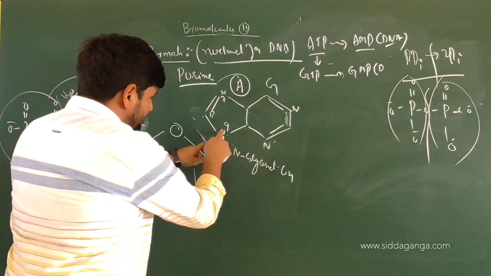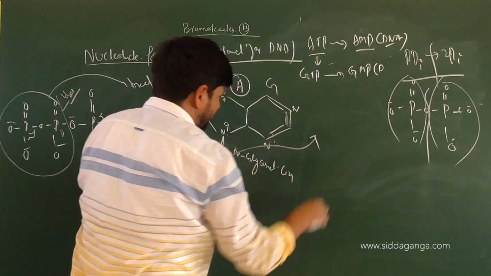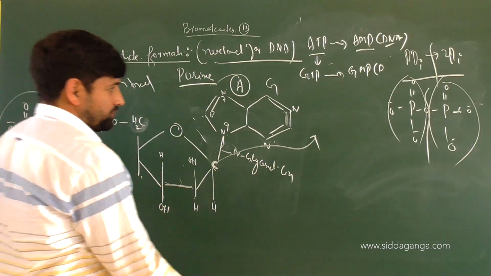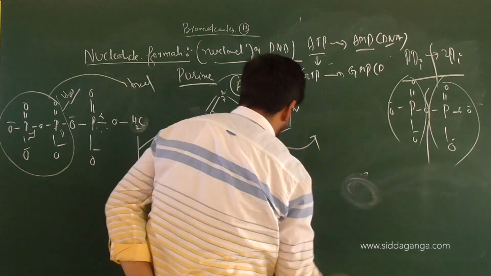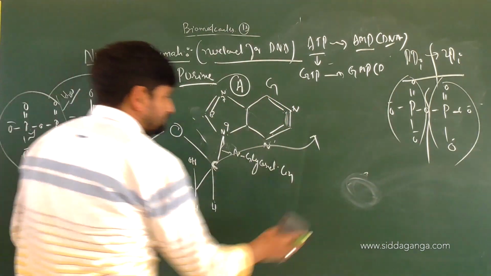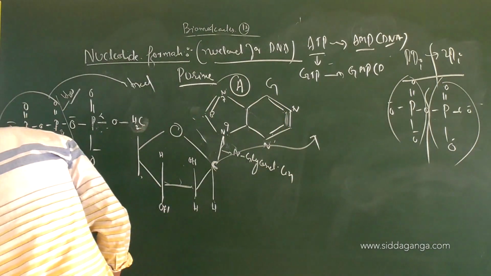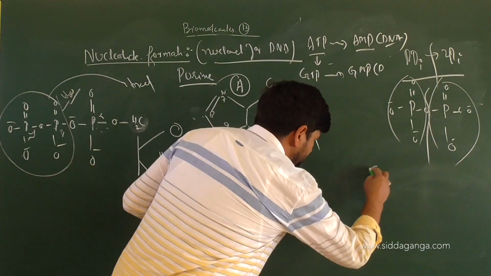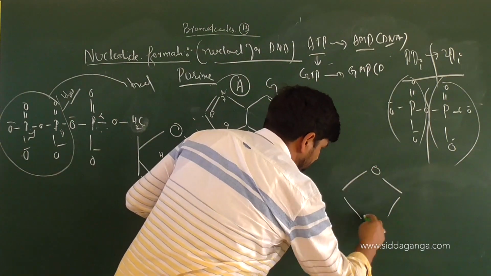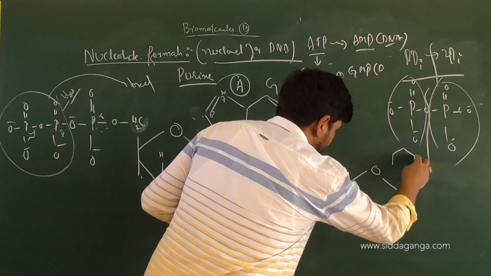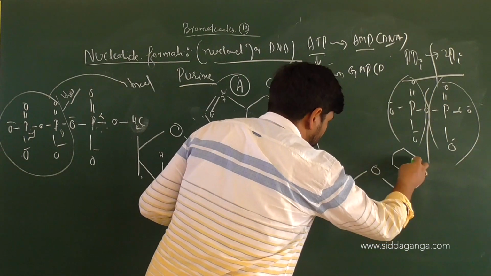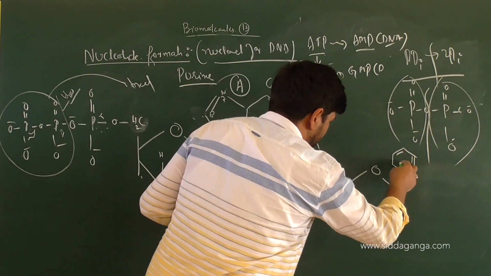And if this nitrogen is now, I'll draw the diagram here only, the rest of the things are the same. So I'll draw it. So we have ribose sugar, children, as usual. So here 1, 2, 3, 4, 5, 6. Now you got a double bond here, and a double bond here.